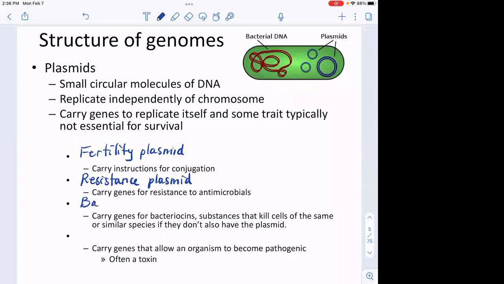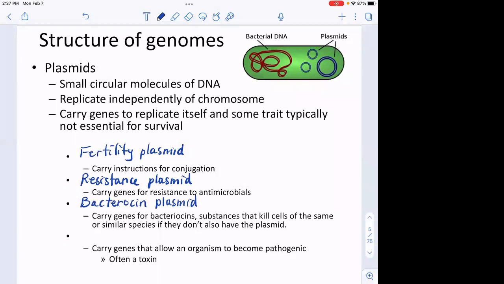There are plasmids called bacteriocin plasmids, and they carry instructions for a cell to make bacteriocins, which some scientists would call a very specific antibiotic. Basically, they're chemicals that a bacteria can secrete to kill its own species or a very similar species, if they don't have the plasmid as well.